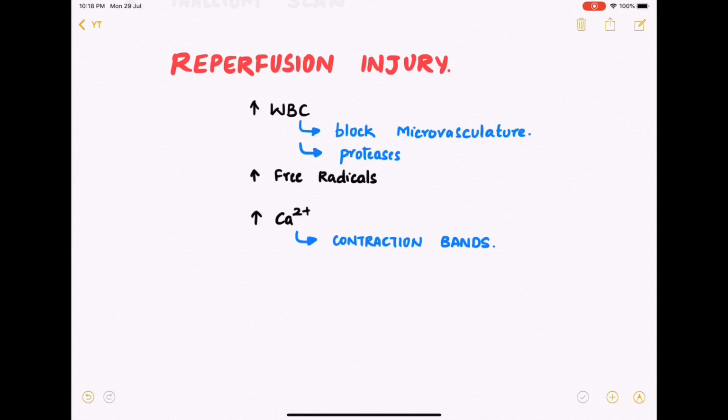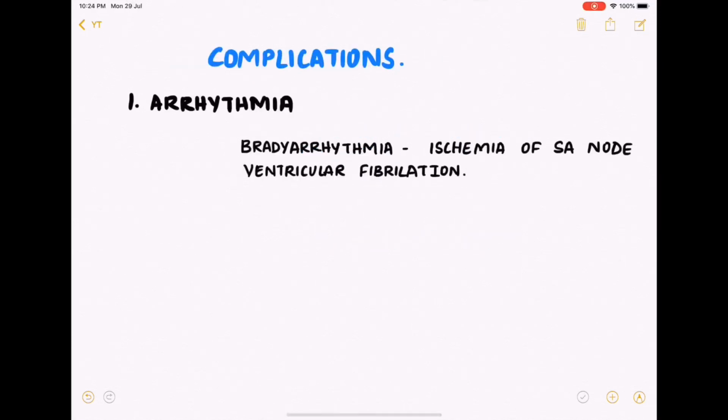And now that there is sudden flow of the blood, there is increased production of free radicals in that area, which leads to increased myocyte damage again. And also the most important thing is a sudden rise in calcium levels, which leads to hypercontracture of the myocardium, which leads to contraction bands. Talking about the complications of heart attack, first we have the arrhythmias.